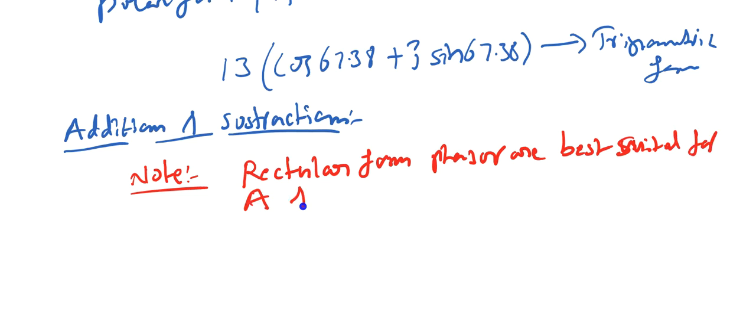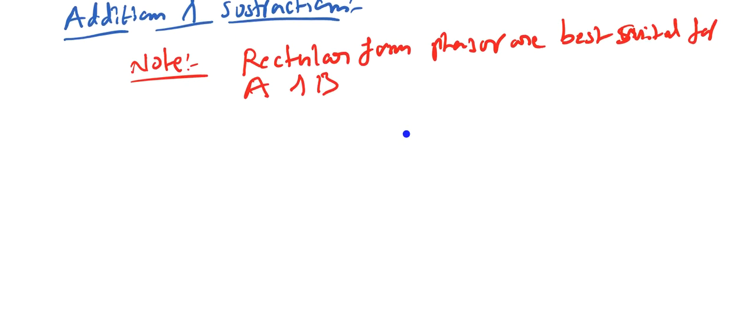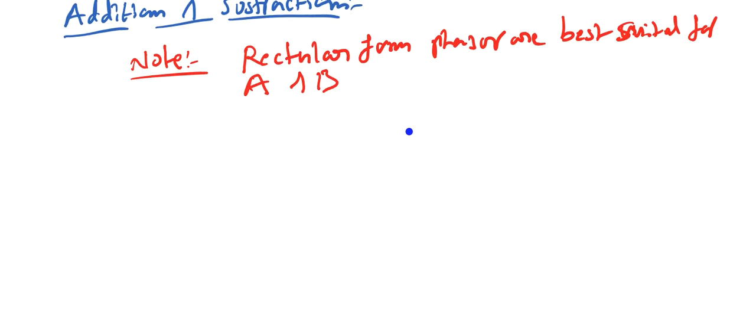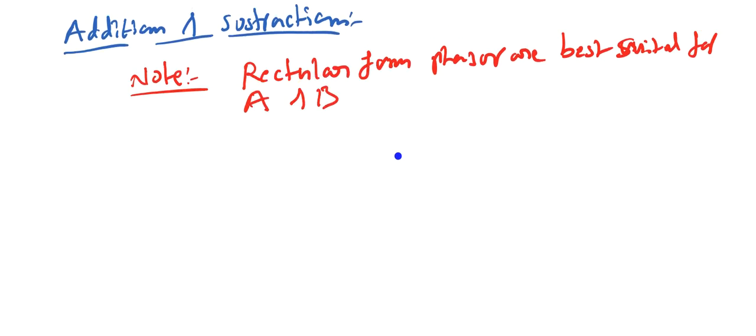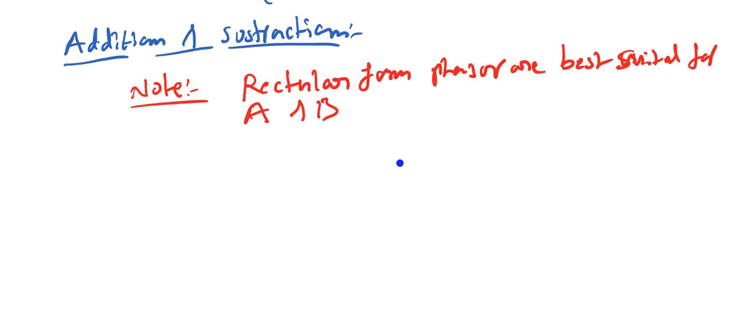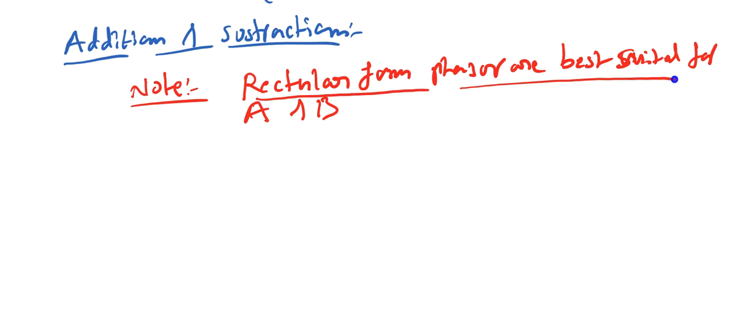For any addition and subtraction of any two or three vectors, always go with the rectangular form. You convert anything into rectangular form, then you can add or subtract. That is very easy to do. Otherwise, if you have the polar form and are asked to add, that is a little more complex. So for addition or subtraction of any vectors, please prefer the rectangular form.